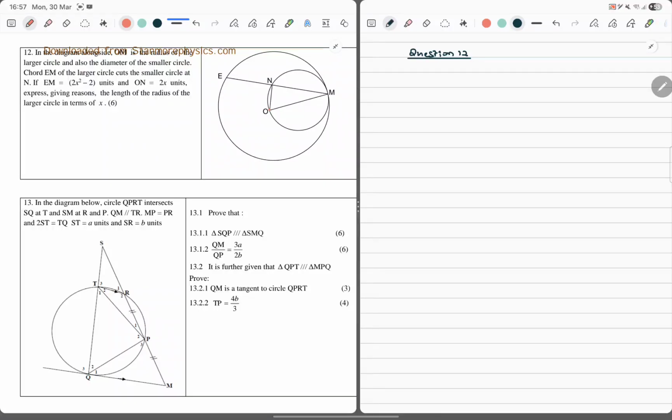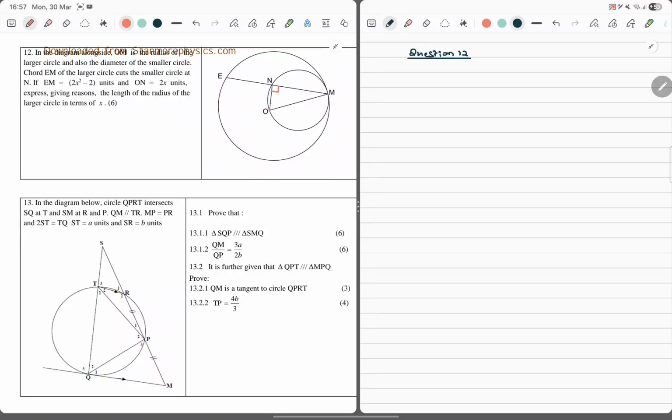And also the diameter of the smaller circle. So if this is the diameter of the smaller circle, we know that the angle at semicircle is 90 degrees, right? So this being the diameter to the smaller circle means ONM is 90 degrees.